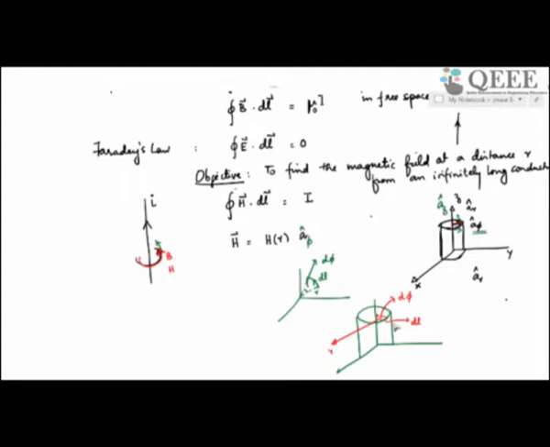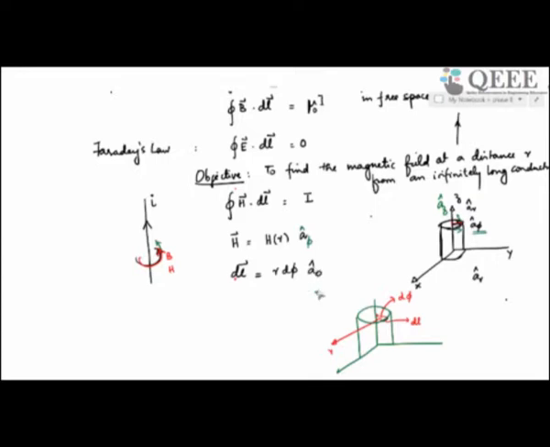Okay. So from the geometry in the figure, I know that vector DL, which is along the edge here, is arc equal to radius times angle, and DL is along the A phi because it's along the edge.